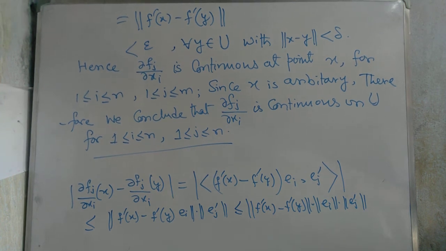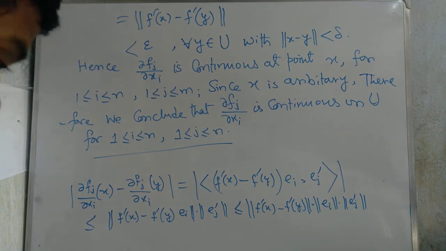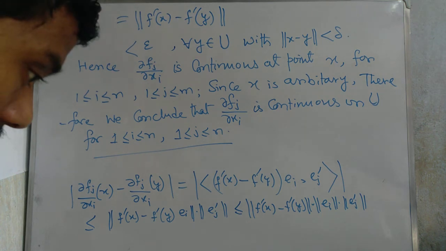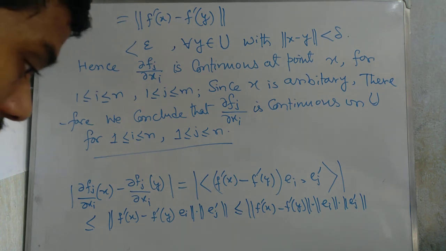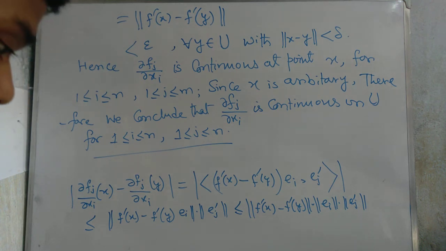Then obviously the norm of ∂fj/∂xi at x minus ∂fj/∂xi at y equals the inner product of (f'(x) minus f'(y)) ei and ej, which is less than or equal to the norm of f'(x) minus f'(y), and this is less than epsilon since f' is continuous.